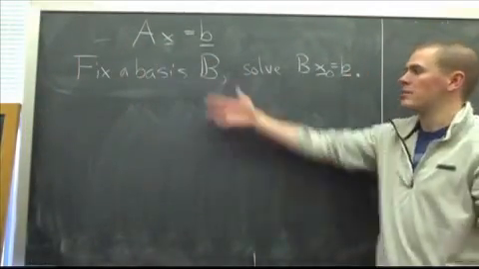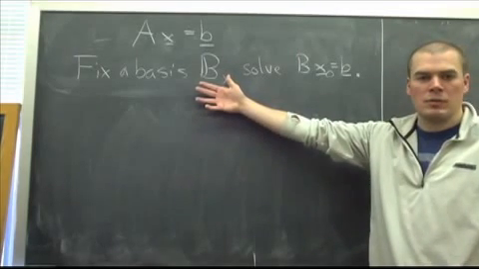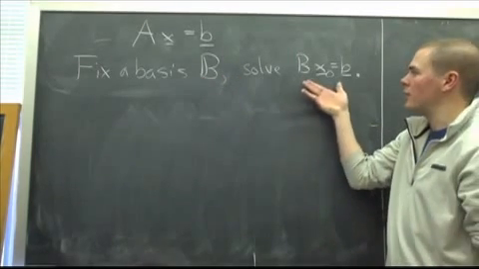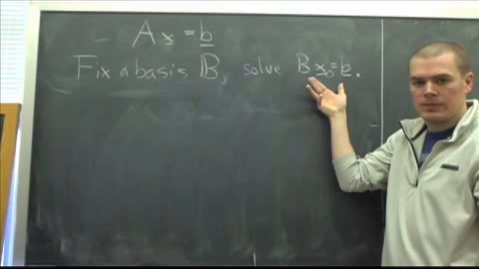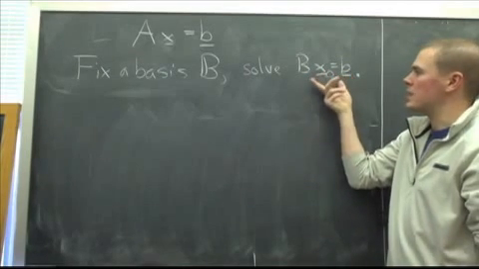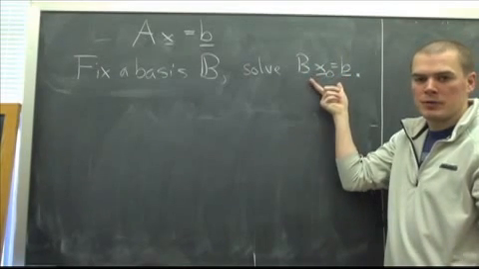So far, we have fixed a basis of columns within A, and we've solved this system of linear equations. So there's m equations for m variables.